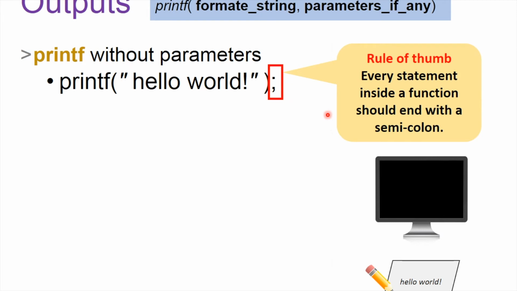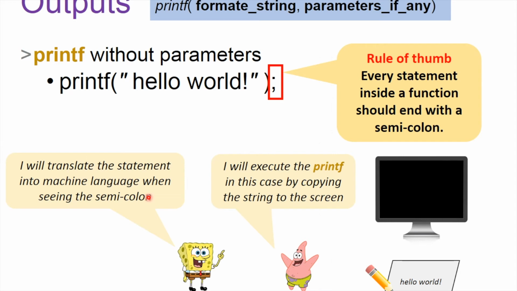The semicolon tells the computer that this is the end of this line of instruction, so you can execute it. Every statement should end with a semicolon in most cases. When the program reaches here, the instruction will be executed, and the printf function will do the real work by copying the content of this card, a string, to the screen like this. That's how printf without parameters works.